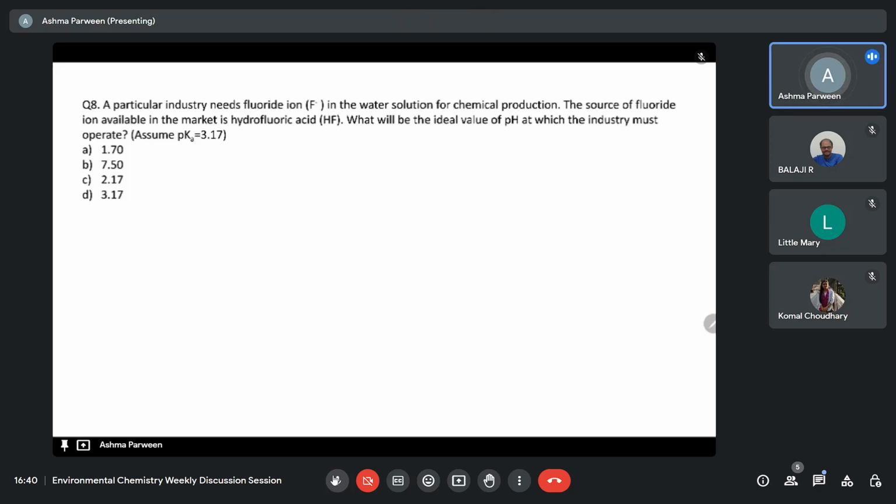So the correct option is B, because HF will dissociate as H plus and fluoride ion, and we have the pKa value as 3.17. If pH is less than the pKa value, like less than 3.17, then most of the hydrofluoric acid will be in the form of HF.